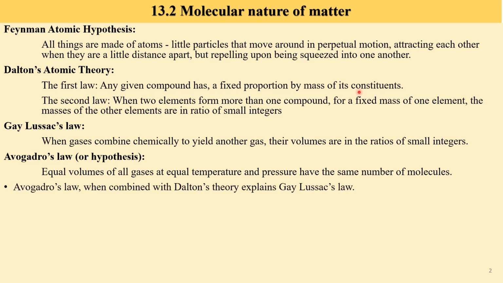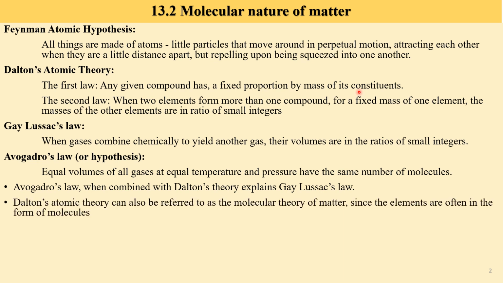Avogadro's law, when combined with Dalton's theory, explains Gay-Lussac's law. Dalton's atomic theory can also be referred to as molecular theory of matter, since the elements are often in form of molecules.